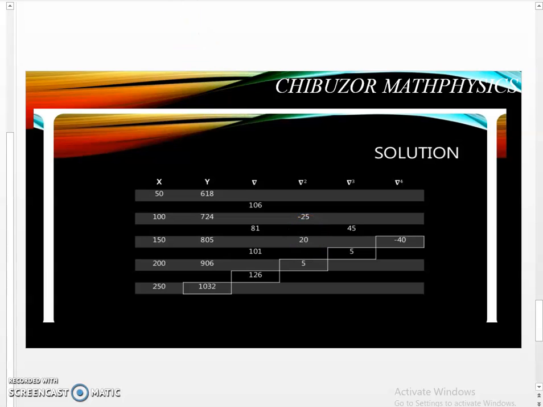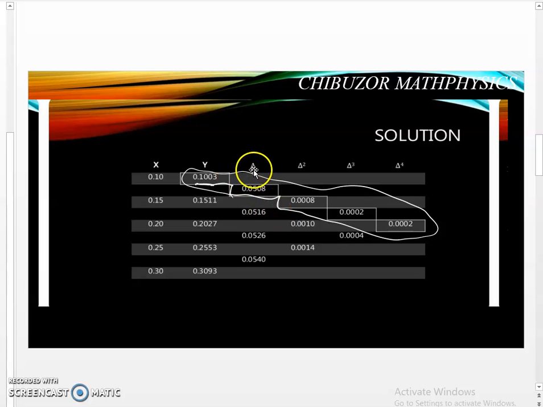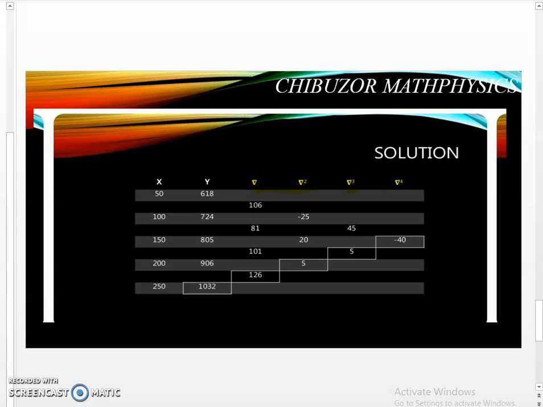But I want to point out something. Note that if you observe these symbols, this is for backward, and it is not the same as the one we had for forward. In Newton forward, it is upright, but in Newton backward, it is upside down. So this is the sign we use for Newton backward interpolation.